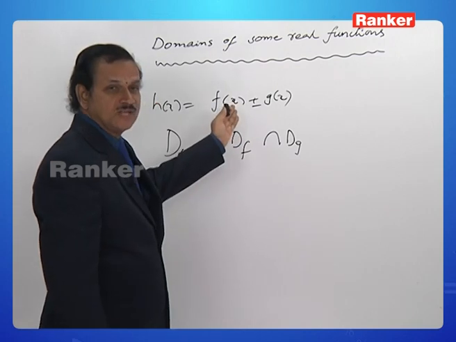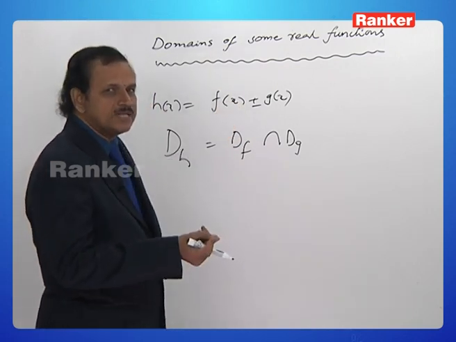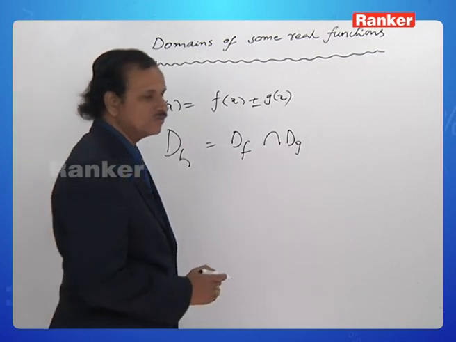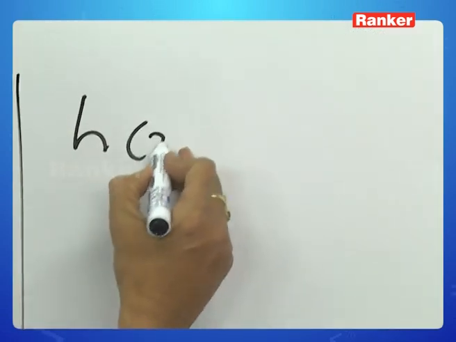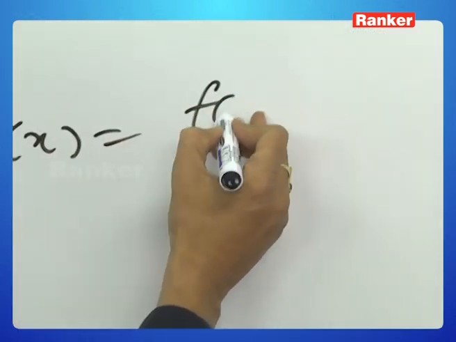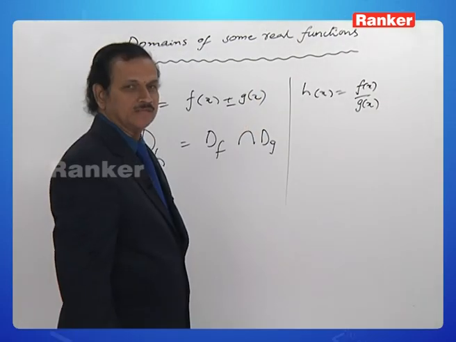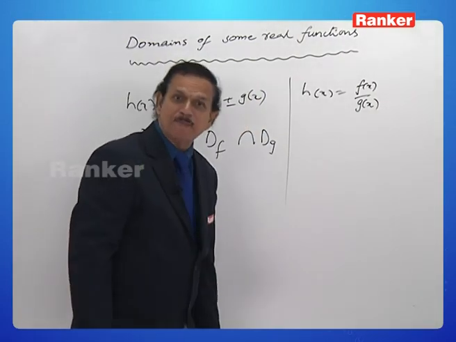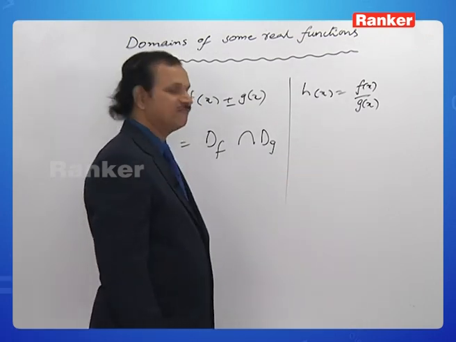If it is given as f of x by g of x, a very little change occurs in that case. What is that case? Let us see. If another function, say h of x, is equal to f of x by g of x, then another extra precaution is to be taken in finding the domain of h.